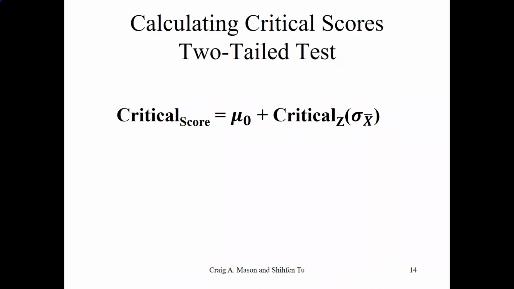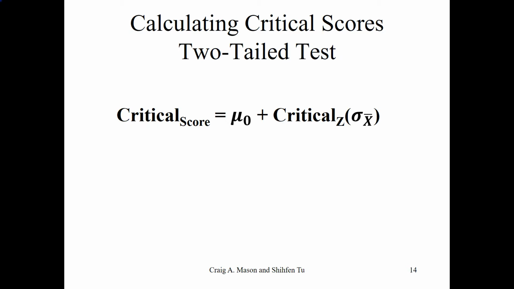Now for one-tailed tests, when it comes to your calculations, you may plug in either a positive or negative 1.64, depending on which tail your region of rejection lies in. But for two-tailed tests, you always need to remember both tails, so you'll need to plug in both a positive and negative 1.96 into your equations. You can see that right here.